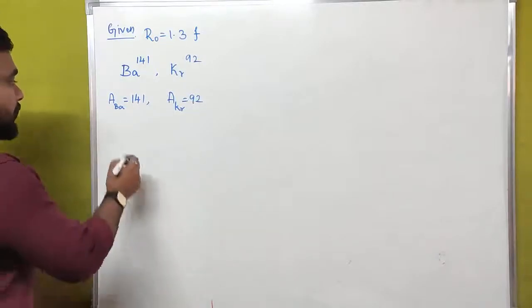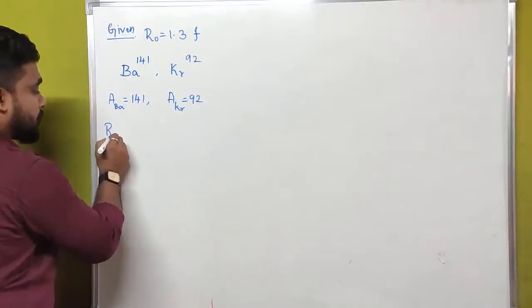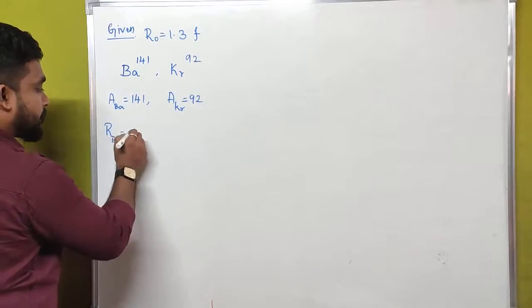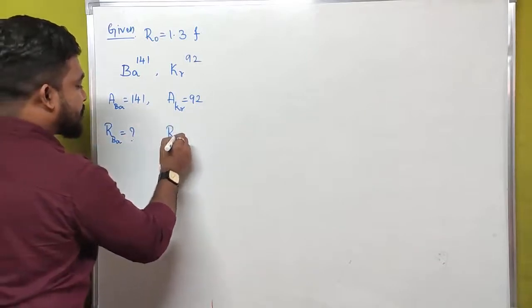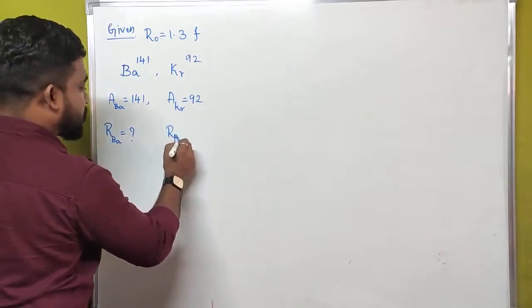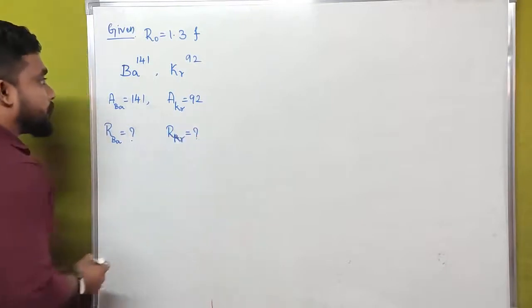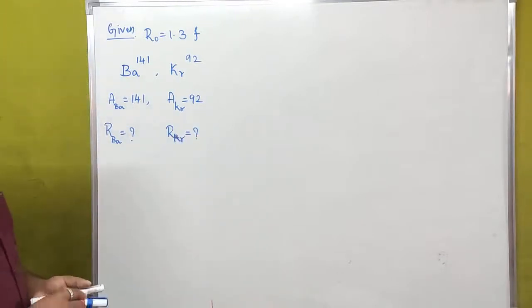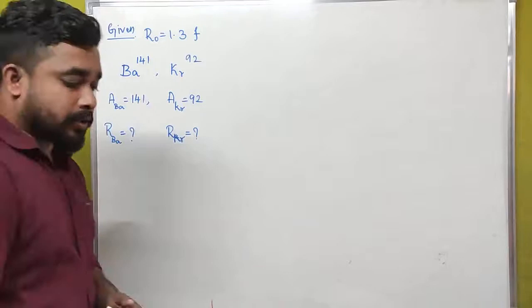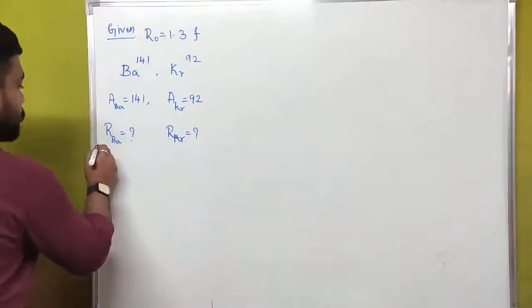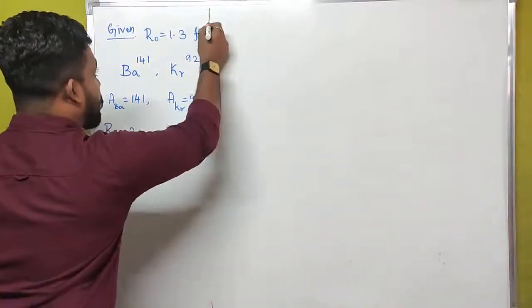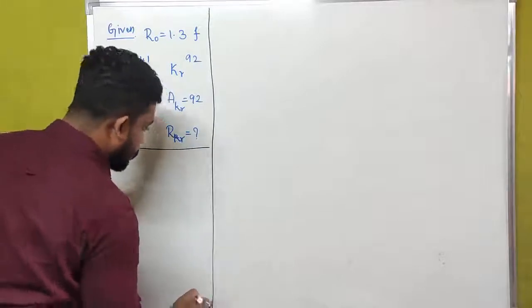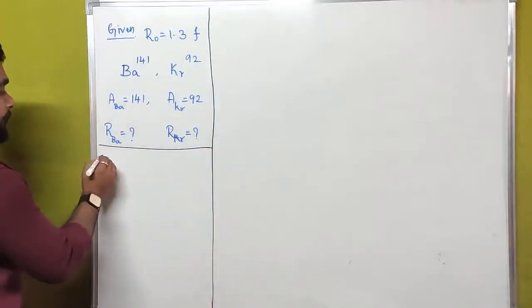What we have to calculate here is the radius of barium and the radius of krypton. For that we have to write a formula first. What is the formula actually?